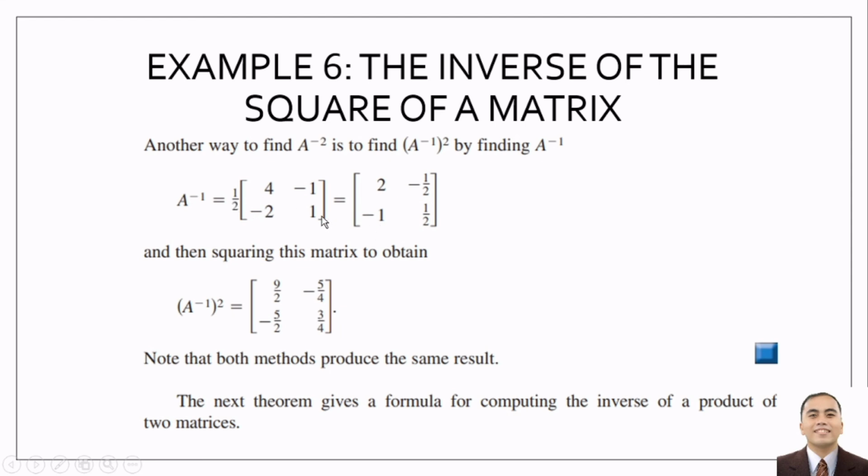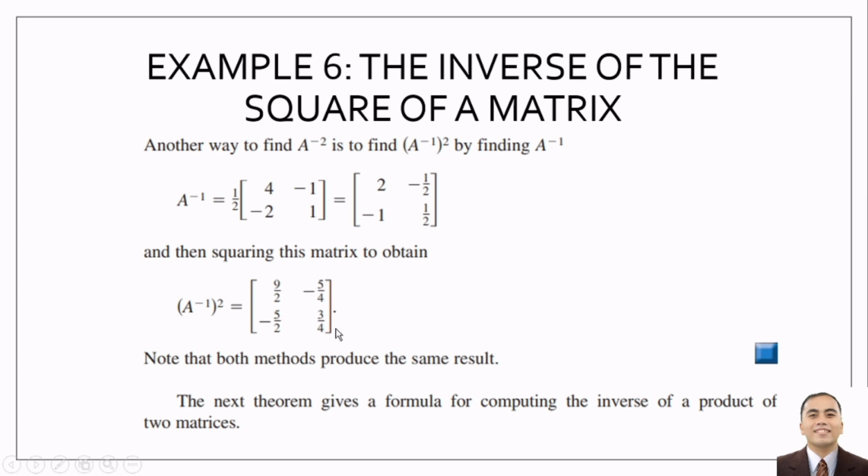And 1/2 times 1 is 1/2. Then squaring this inverse, multiplying the matrix by itself, we obtain 9 over 2, negative 5 over 4, negative 5 over 2, and 3/4.